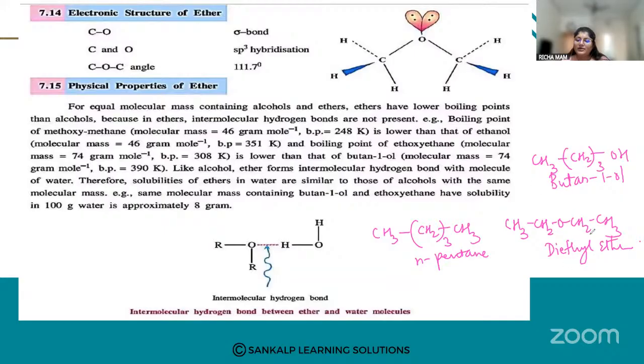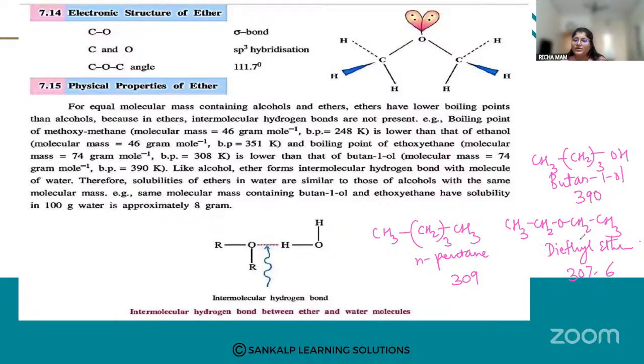But what you can see is that in n-pentane the boiling point is 309, in diethyl ether it is 307.6, and in butanol it is 390.